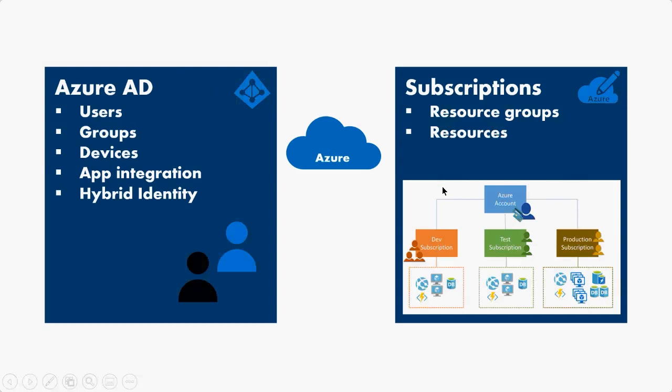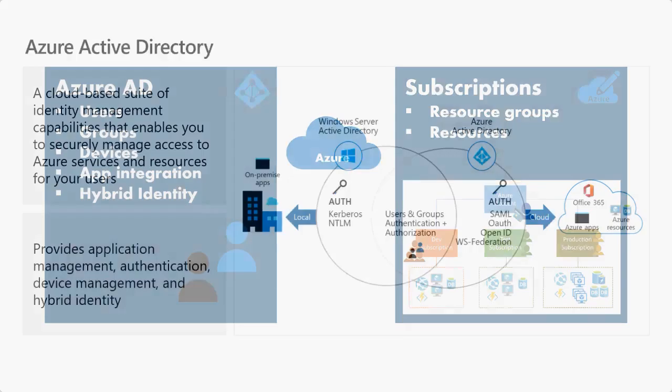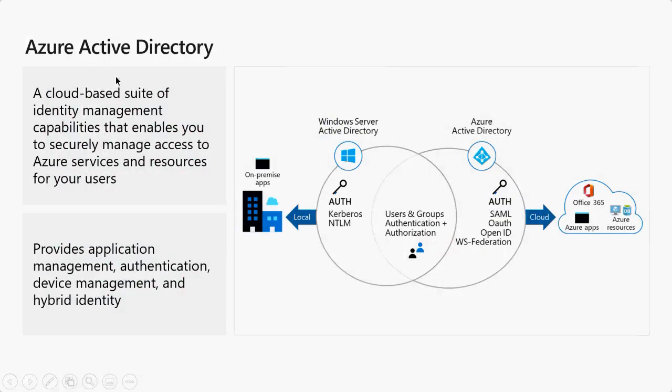So once you know this, then we have an idea about what a tenant is. We learned about tenants, and we also compared Windows Active Directory with Azure Active Directory, and they both offer the same authentication and authorization. Azure Active Directory works on OpenID Connect and OAuth 2 protocols for authentication and authorization, and here it uses Kerberos and NTLM for backward compatibility, but ultimately both offer the same thing, authentication and authorization.